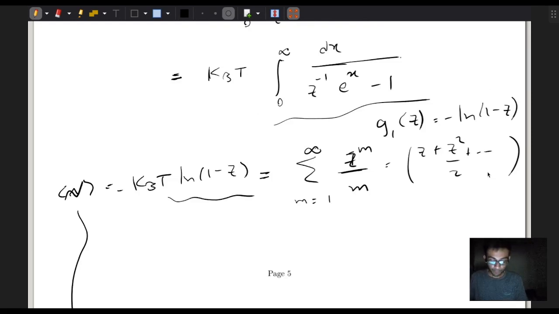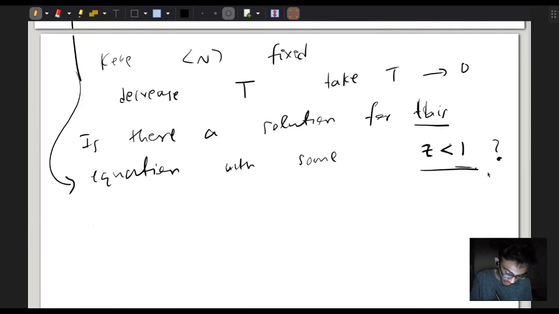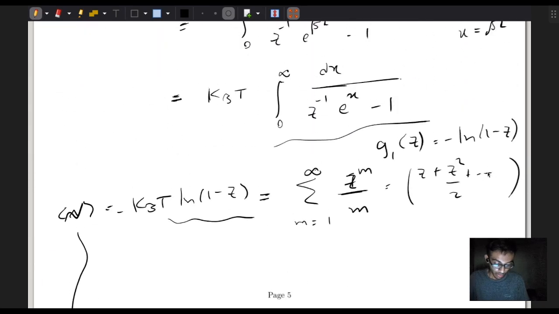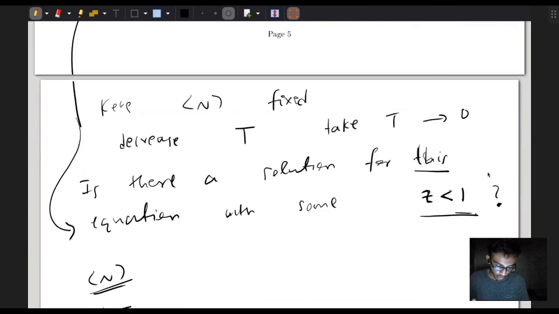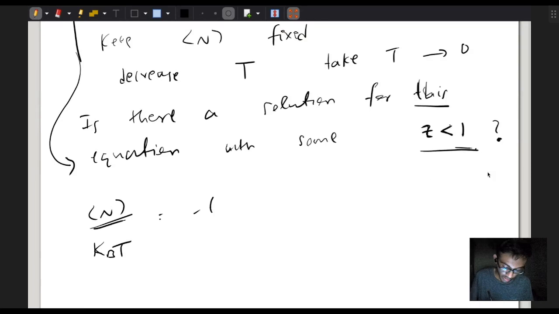So remember, the number of particles is fixed, but we are decreasing the temperature to very low values, however low it may be, and this should be equal to whatever is on the right hand side.